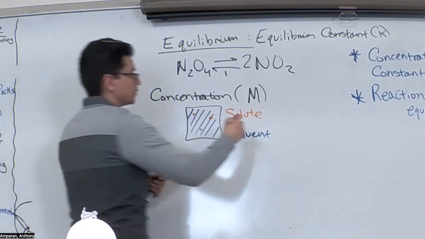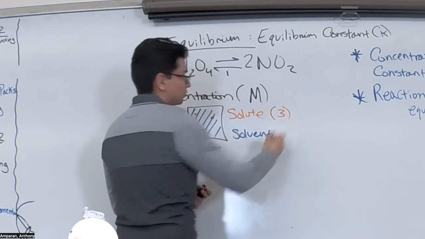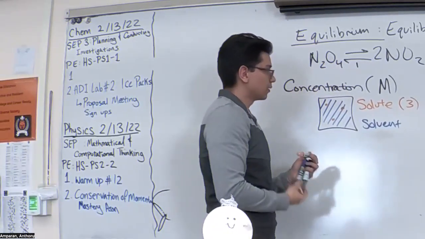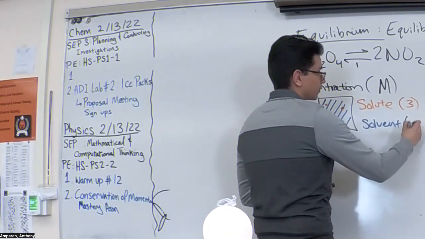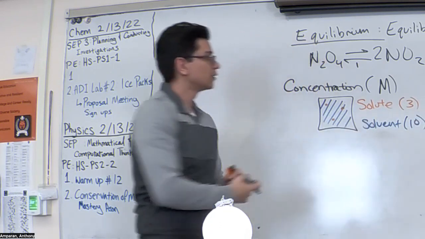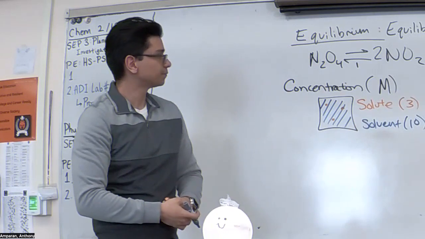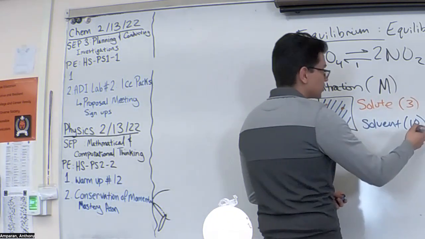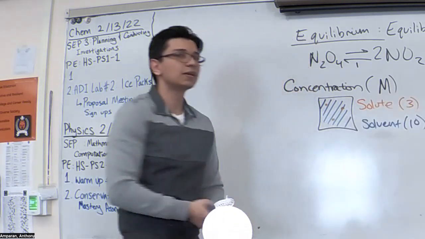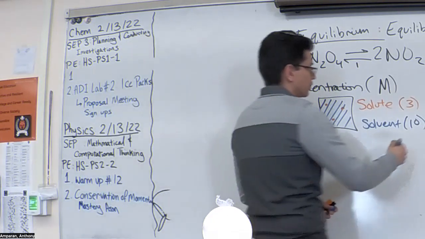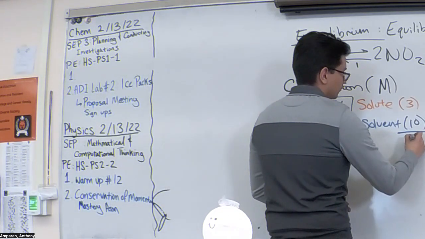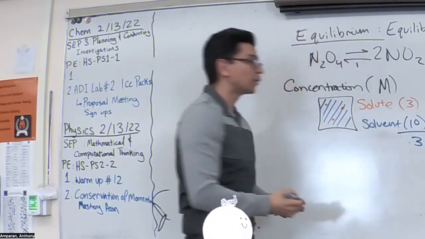So let's say my solute in this case was 3 dots, and my solvent was something like 10. Usually we use milliliters and stuff, but for now we'll just keep the numbers easy. I would say my concentration is going to be a combination of those two numbers, to be 0.3.